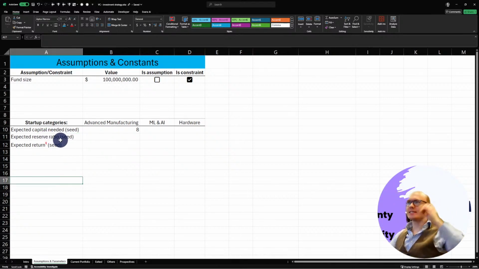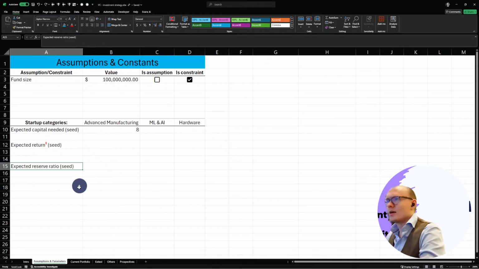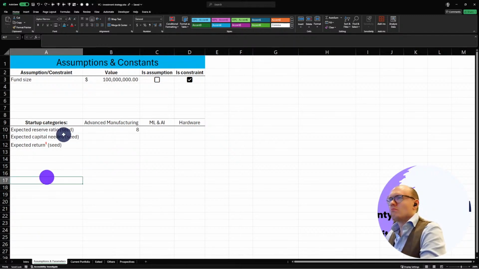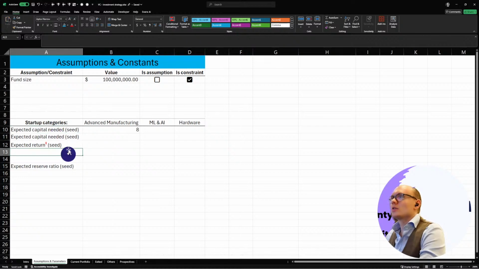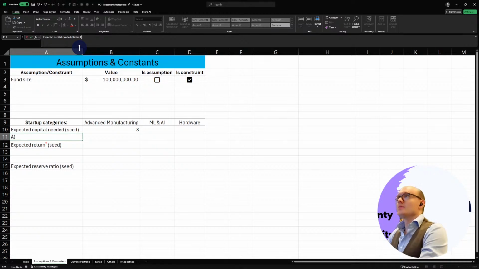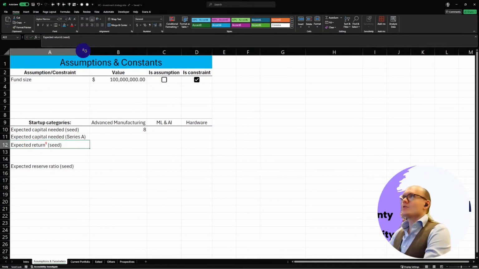So the second time, here we've got the capital needed seed. Then here we've got capital needed Series A. And so why does this matter?